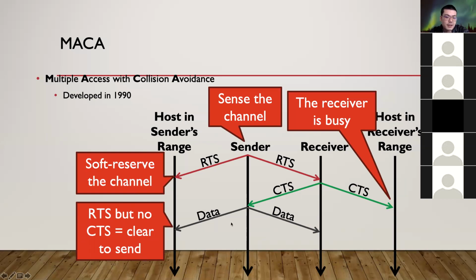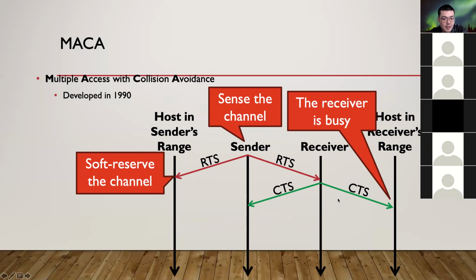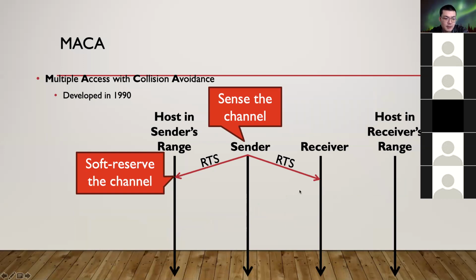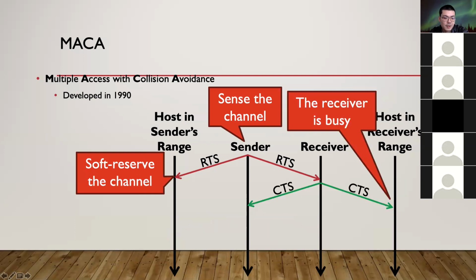But there's something that can happen. This is called soft reserved channel. Think about it: this host is in the receiver's range, not in the sender's range. The sender has no way to detect this host.